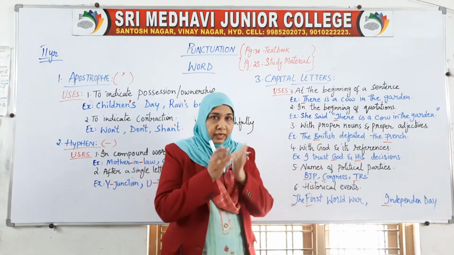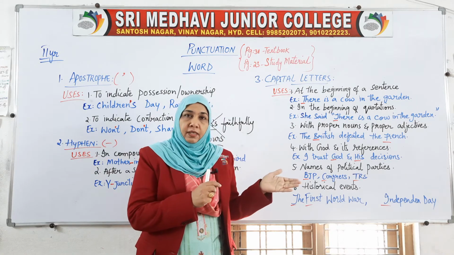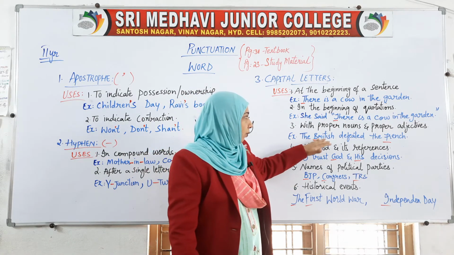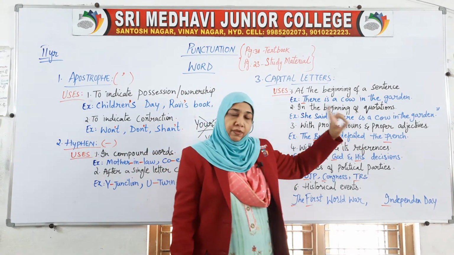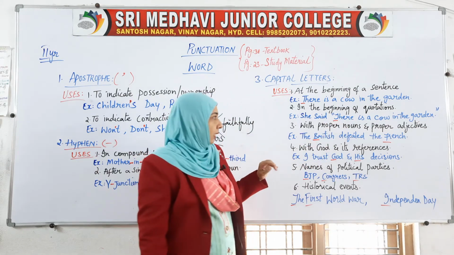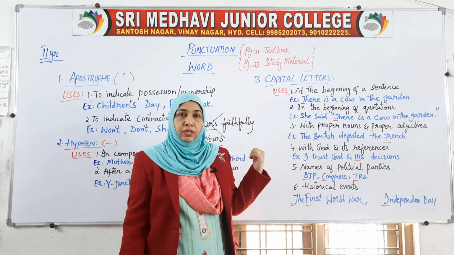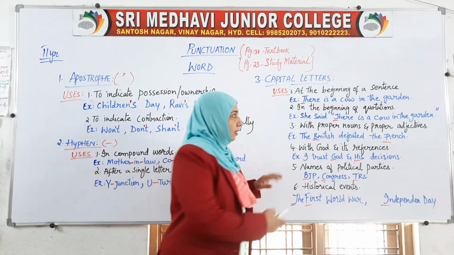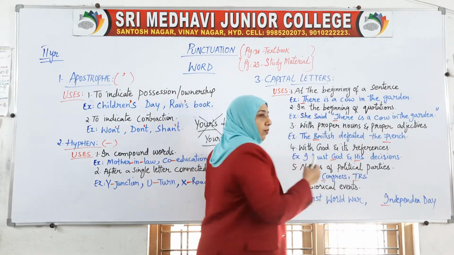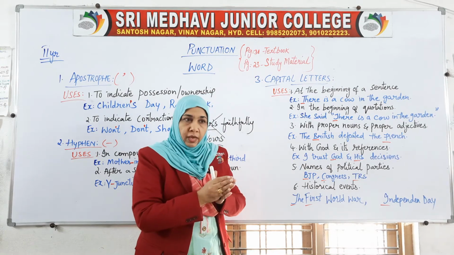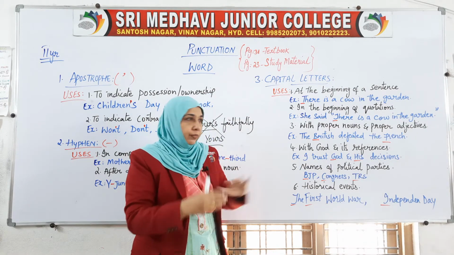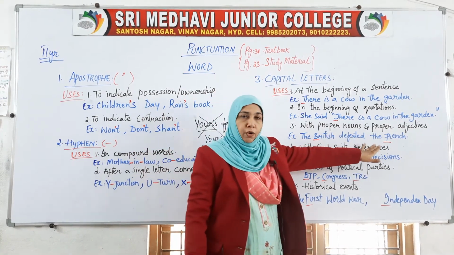To make it clear, this is the definite article. So when we are using British and French, we use capitals for both. We are showing proper nouns and proper adjectives. Here it is a proper noun and here it is a proper adjective.